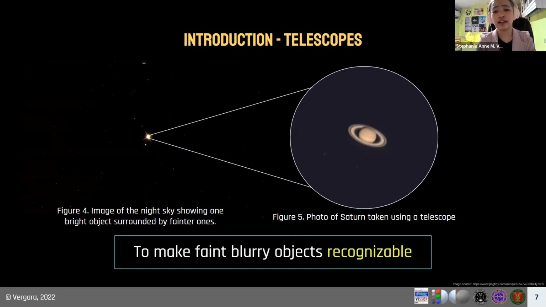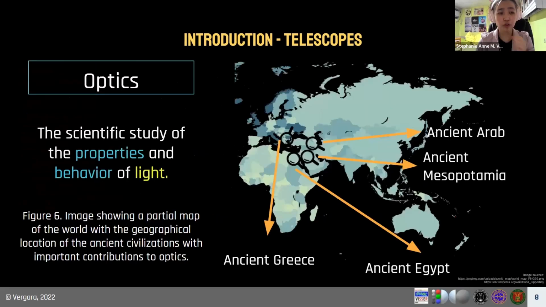Now my question is, how did the idea of a telescope come to develop? For that, we have to go back to our roots. Optics is the branch of physics that studies the properties and behavior of light, including its interactions with matter and the construction of instruments that use or detect it.